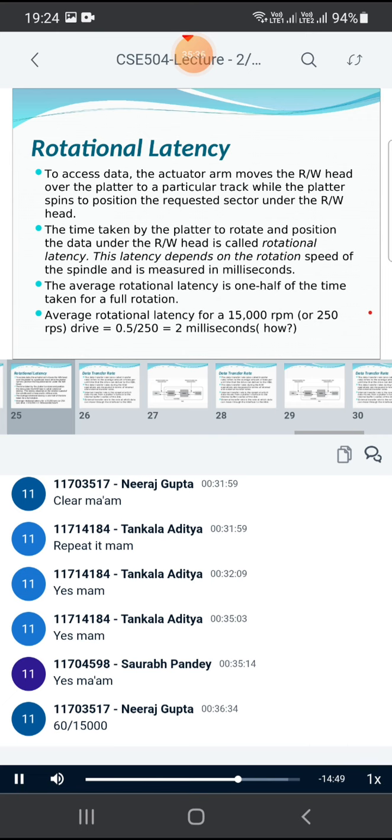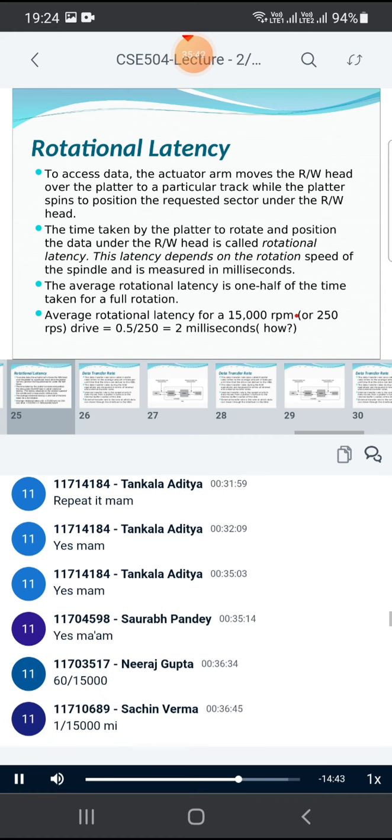It will not be 60 by 15,000, it will be 1 by 15,000, because we are talking about time in minutes only. If 15,000 rotations are being done in 1 minute, one rotation will be done in 1 by 15,000 minutes.